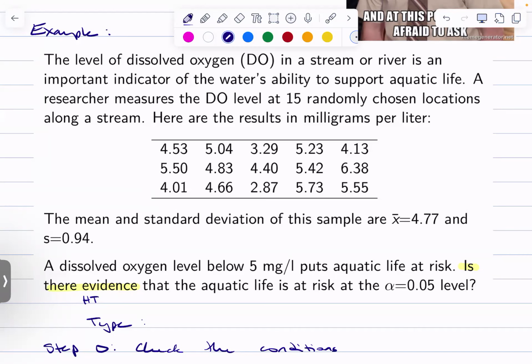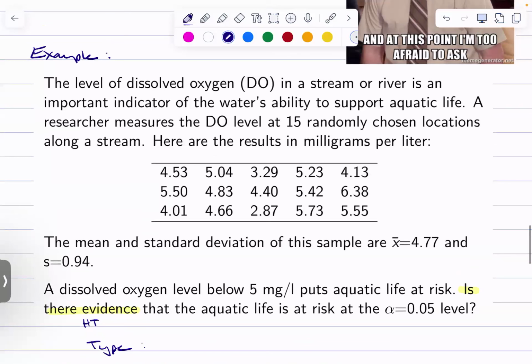Yeah. So this looks like numerical data, right? But there's also some other clues, such as I give you the mean and the standard deviation. Whenever there's a standard deviation involved, it's going to be a numerical variable. We can't calculate the standard deviation of a categorical variable. So those are my clues.